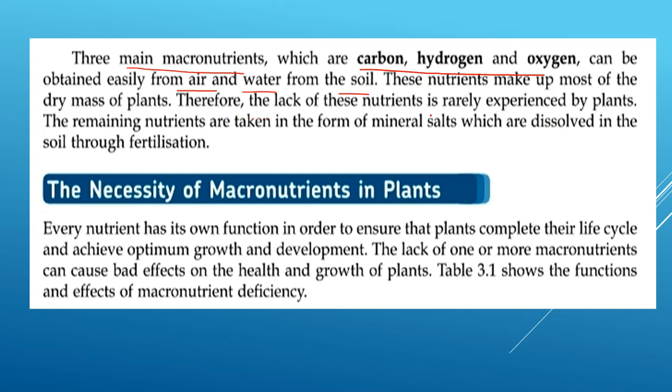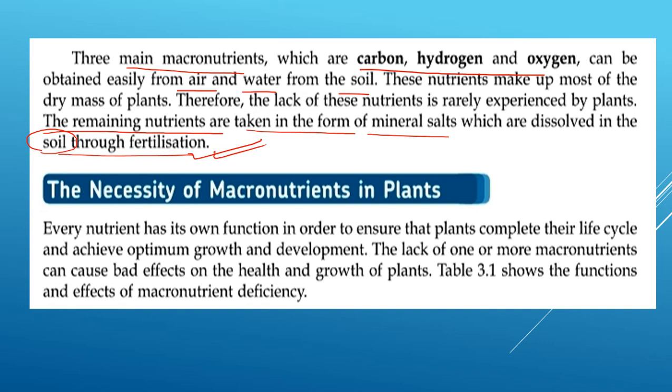Therefore, the lack of these nutrients is rarely experienced by plants. Manakala the remaining nutrients are taken in the form of mineral salts which are dissolved in soil through fertilization. Maksudnya yang lain itu dia kena dapat daripada soil melalui pembajaan.